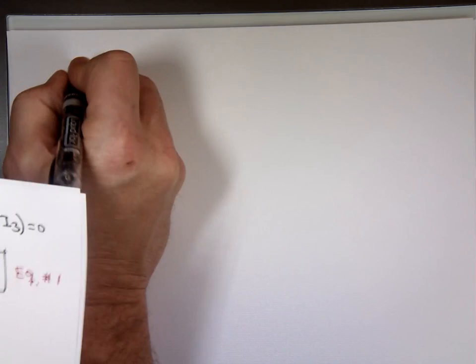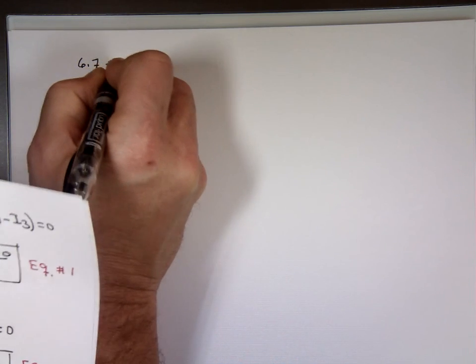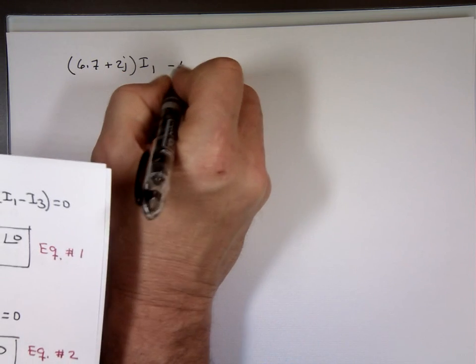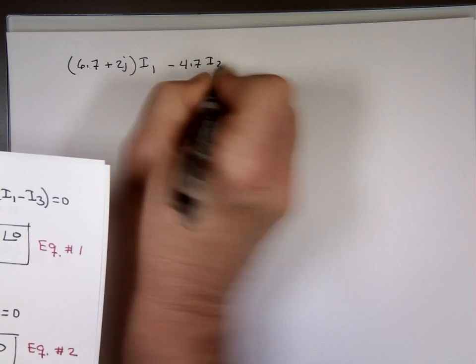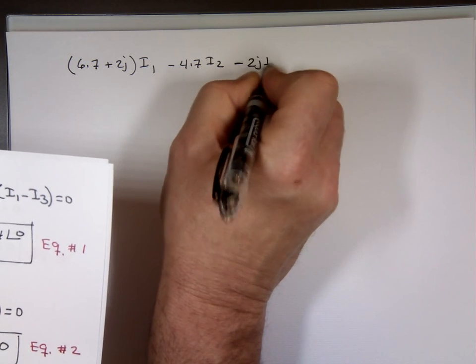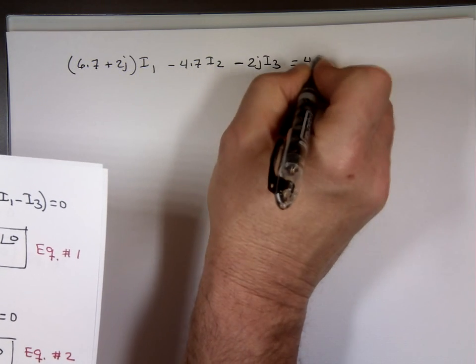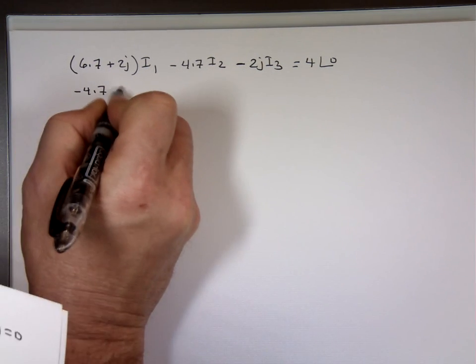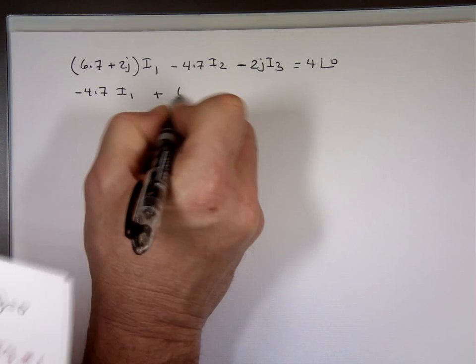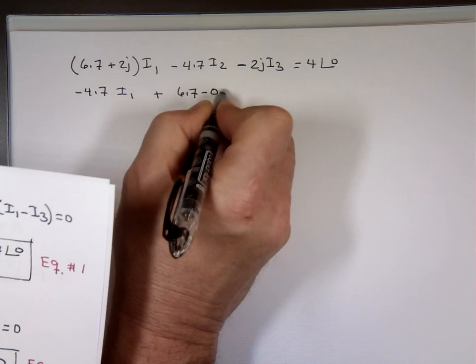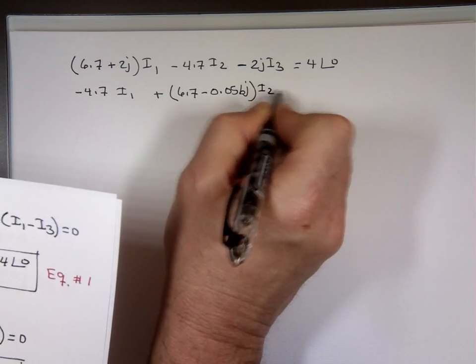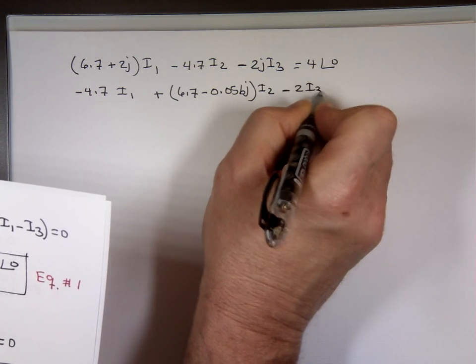The first equation reads what? 6.7 plus 2j I sub 1 minus 4.7 I sub 2 minus 2j I sub 3 is equal to 4 angle 0. Second equation, negative 4.7 I sub 1 plus 6.7 minus 0.056j I sub 2 minus 2 I sub 3 equals 0.